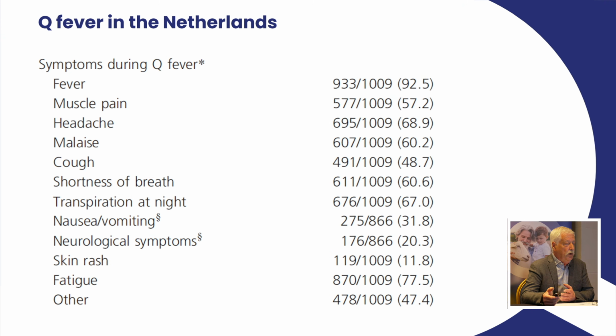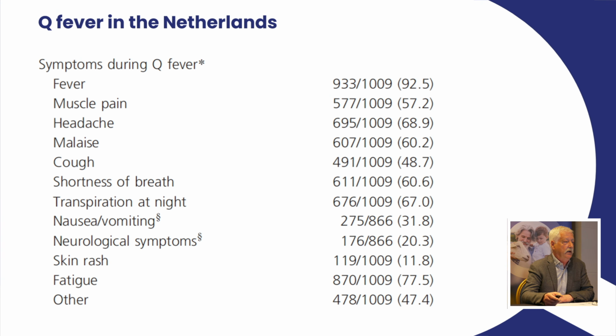In another way indicated, if you look at the clinical signs at the left side and the number of patients where these clinical signs were found, and the percentage between brackets: fever, more than 90%, muscle pain, around 60%, headache. In the earlier years of the Australian Q fever outbreak, headache was mentioned as a main clinical sign.